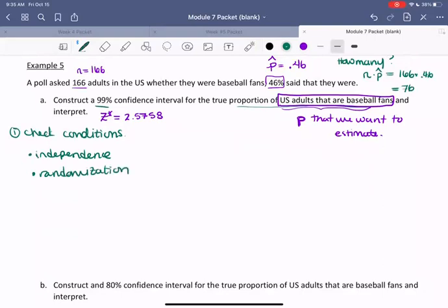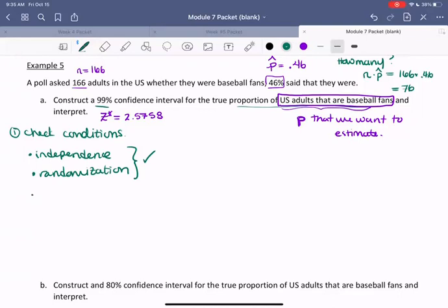For these two conditions, we're not told how we are collecting the sample. Because we want to have a meaningful example here, we're going to assume that yes, this is true, that our sample was taken such that our collection was independent and random.